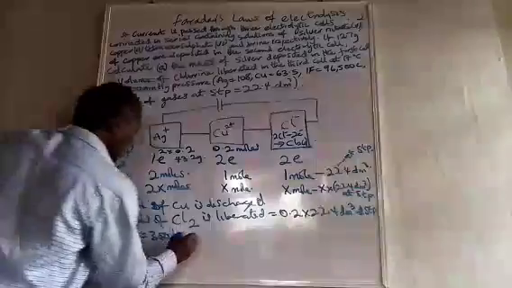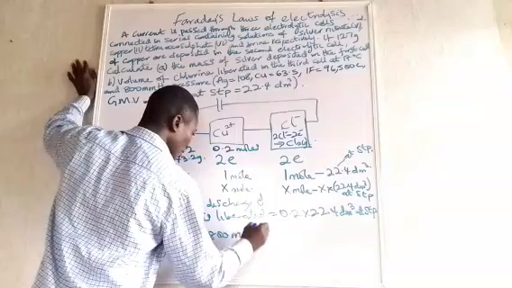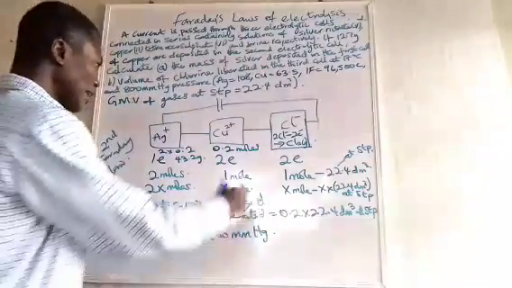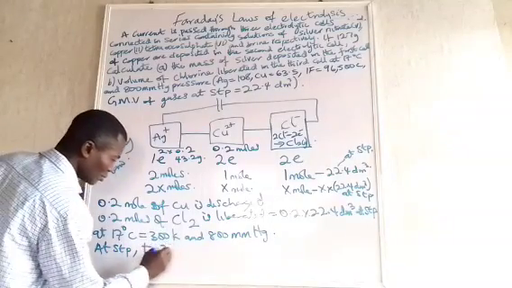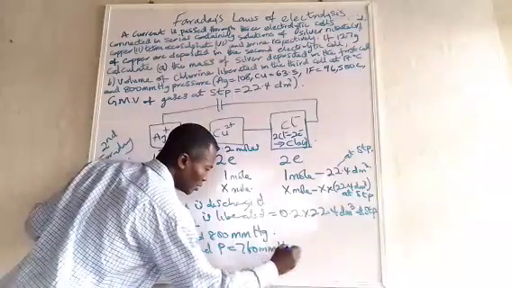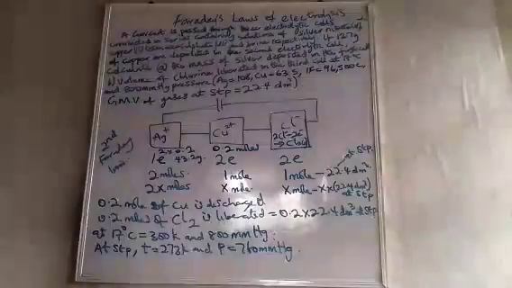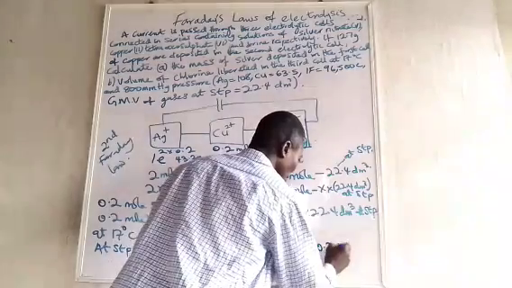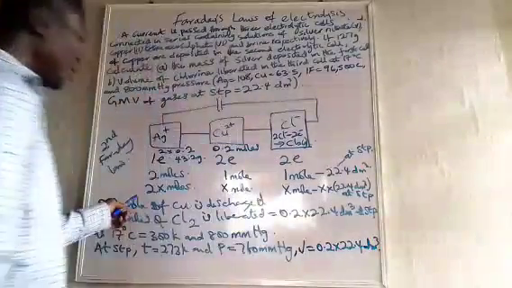Kelvin and 800 mmHg. We are asked to find what the volume will be at this condition. But at STP, volume now.